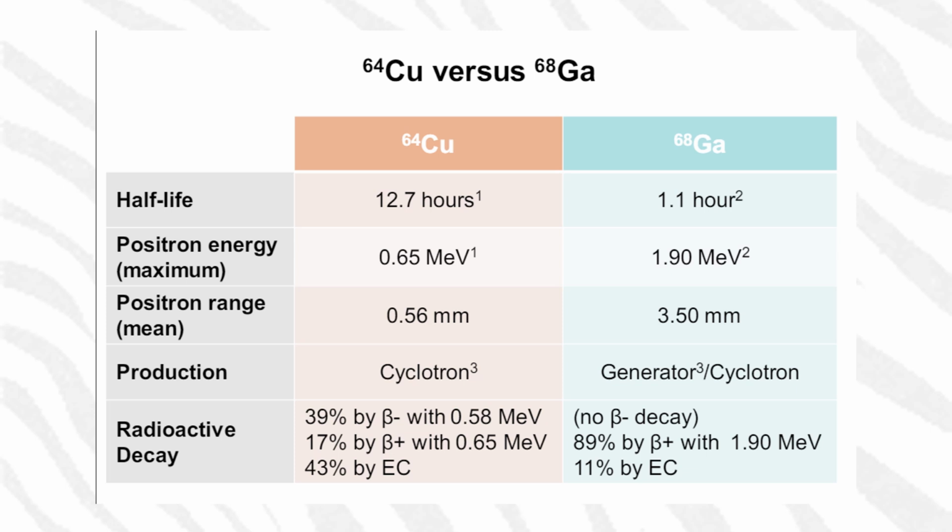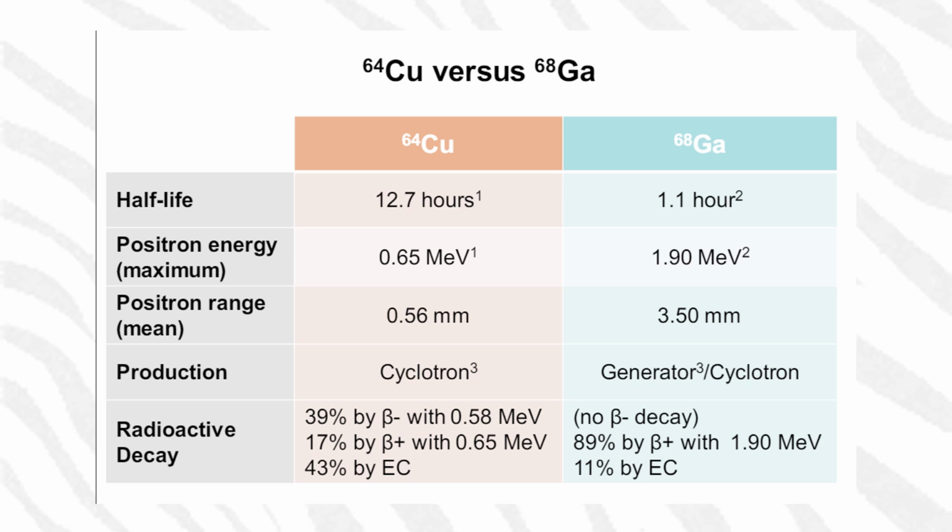The actual positron coming from the nucleus has less energy, and so it's not going to travel as far from its source, from its atom, before it annihilates. Less energy, it won't travel as far. So the copper stays closer to the initial nucleus that it came from before it annihilates.